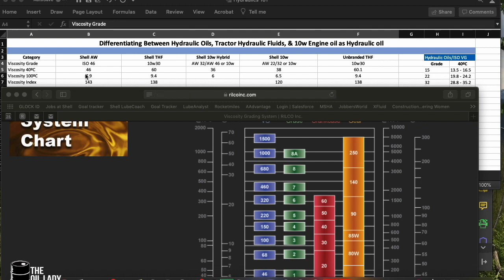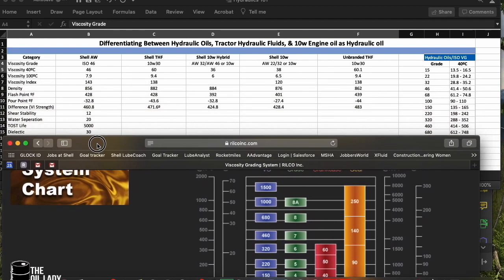Like with your hydraulic oils, if a machine calls for an AW46, you will be pretty safe using an AW68 or an AW32, one up or one down. If it calls for an AW32, I would not necessarily recommend you go all the way up to an AW68. But again, this is all dependent upon the application.